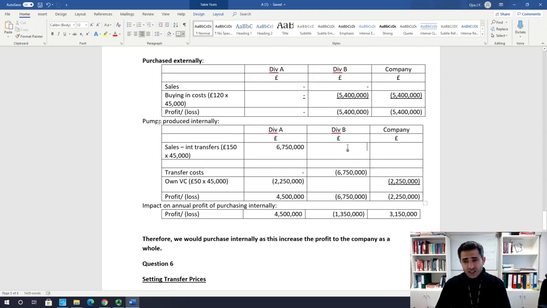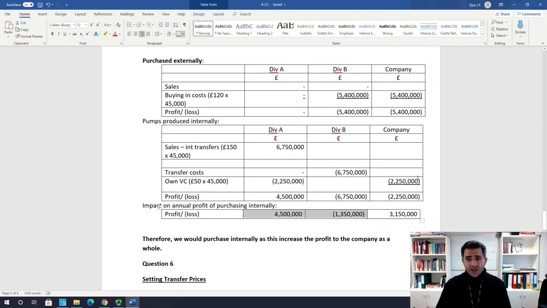Compare that with the loss of £6,750,000 for B. Based on this, the difference for A is £4,500,000, and the difference between £6,750,000 and £5,400,000 is £1,350,000. If you combine them together, the company will make £3,150,000.